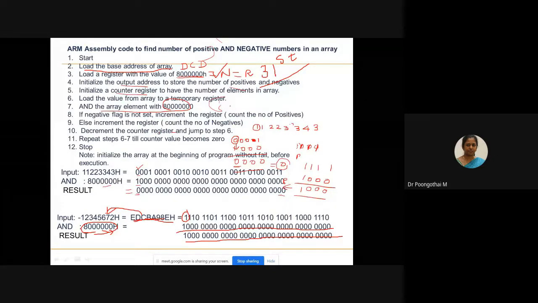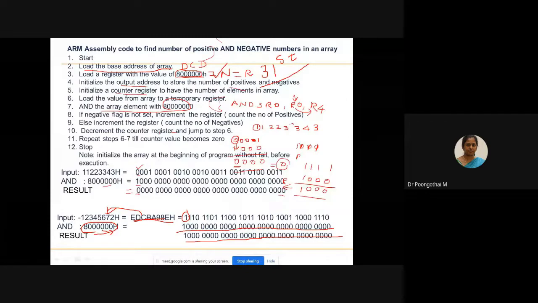For example, ANDS R0, R0, R4. So this R0 is nothing but this value, the 8000 value. I'm going to AND this value with your input element.